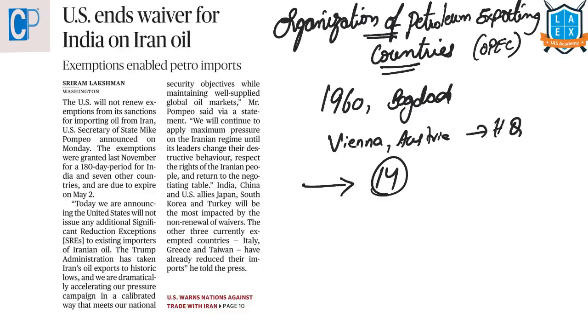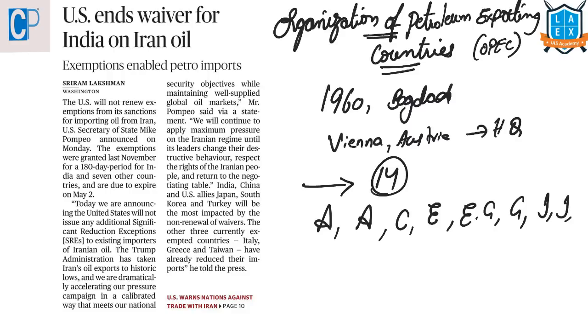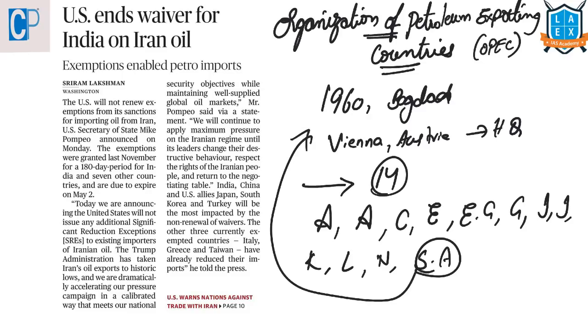They are Algeria, Angola, Congo, Ecuador, Equatorial Guinea, Gabon, Iran, Iraq, Kuwait, Libya, Nigeria, Saudi Arabia, United Arab Emirates and Venezuela.